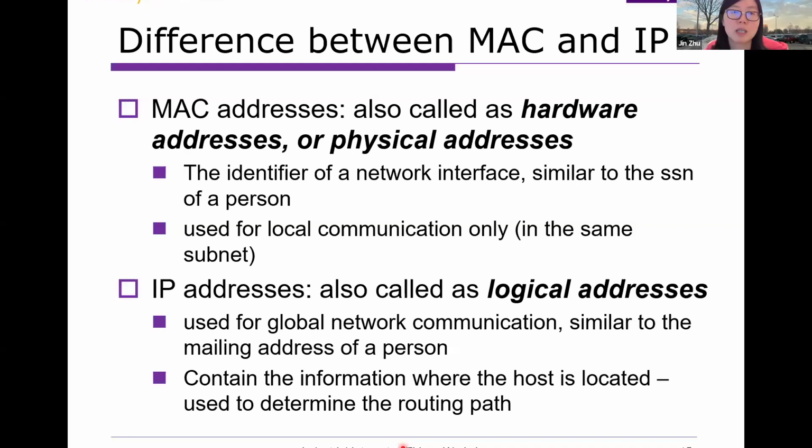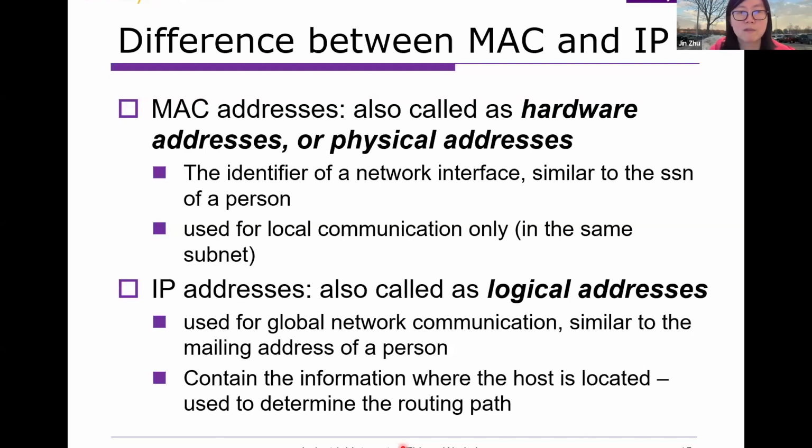That's the MAC address. Now the IP address is also called a logical address. You can think of it as the mailing address of a person. If I want to talk to a person who is not in the same room, I need to send that person a mail, so I need to know his mailing address. This is the purpose of the IP address.